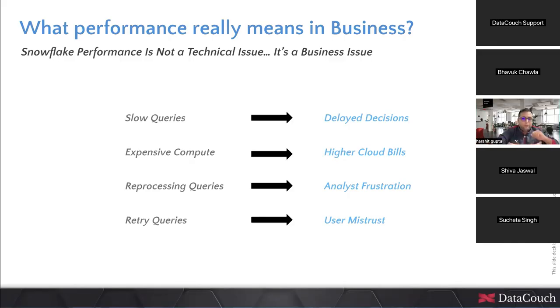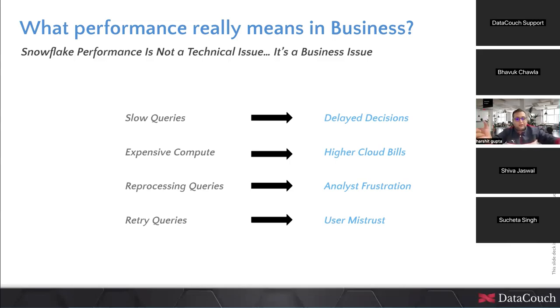Performance in Snowflake, or on any platform, isn't just about how fast my SQL is. When there are performance issues, the business is going to say, "My bill has gone up by 3x while running the same query on the same data set."